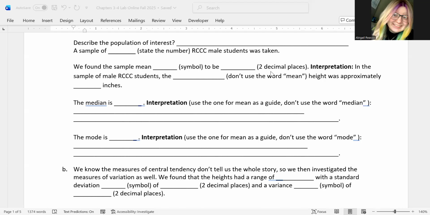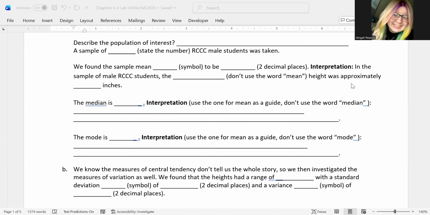And we're not usually going to say in the real world that the sample mean is this number without any sort of context. So we like to use interpretations that are context-based. So for example, in our first one, we might say in the sample of our male RCC students, the blank, we're not going to use the word mean here. We're going to use some descriptor of the word mean.